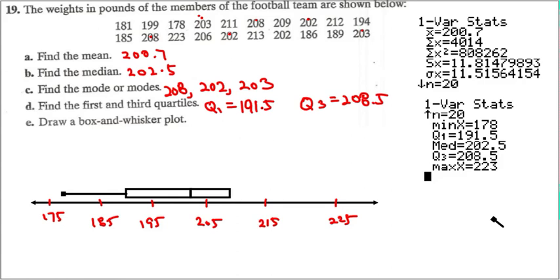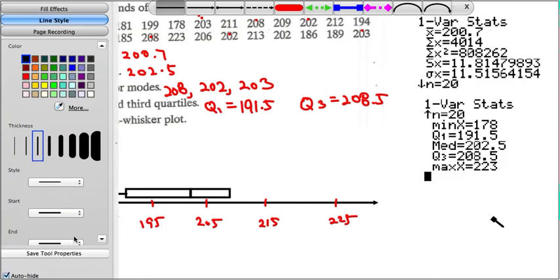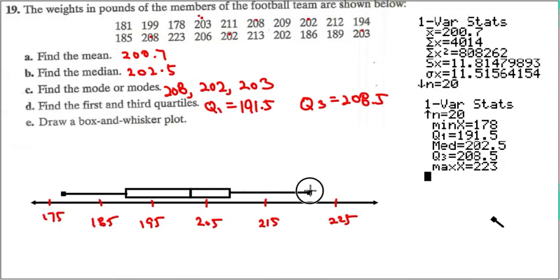And the last closing has to start from 202.5 to 223. This is about 220, so 223 would have been around here. All right, so that's basically how we can do it.